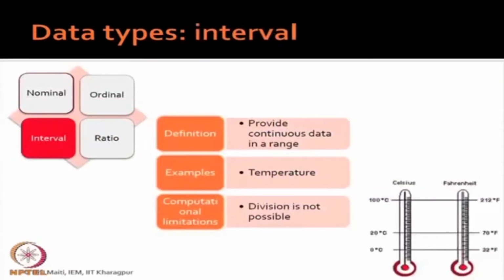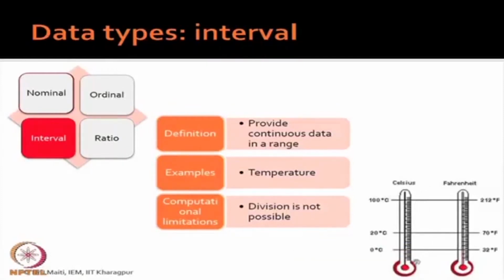The next data type I said is interval data. What is interval data? It is well understood if we take this example. Here temperature, you are measuring using two scales, one is Celsius, another one is Fahrenheit. In developing these two scales, the reference point is taken at two different locations, it is not the same.